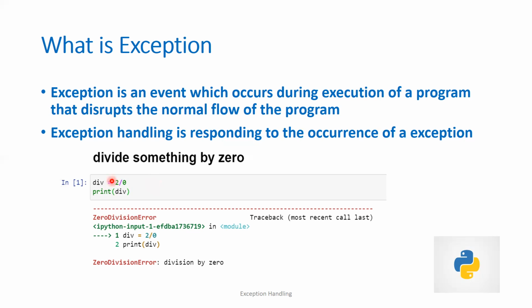In all cases, when we try to divide an integer or a float or any other value by 0, this kind of error occurs. This error is called zero division error. That means we cannot divide by 0.